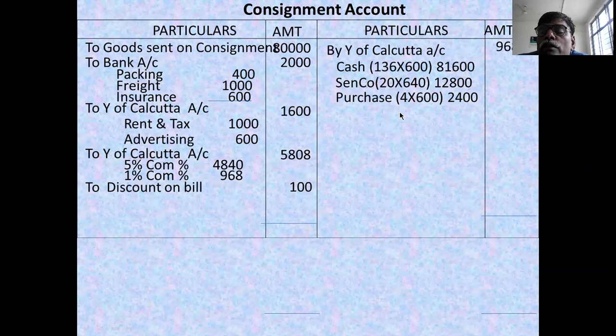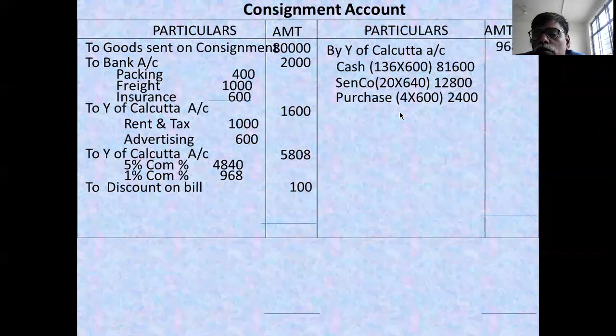Cost of one radio is 400. So 400 into 40 is 16,000. 16,000 is the cost plus proportionate expenses.